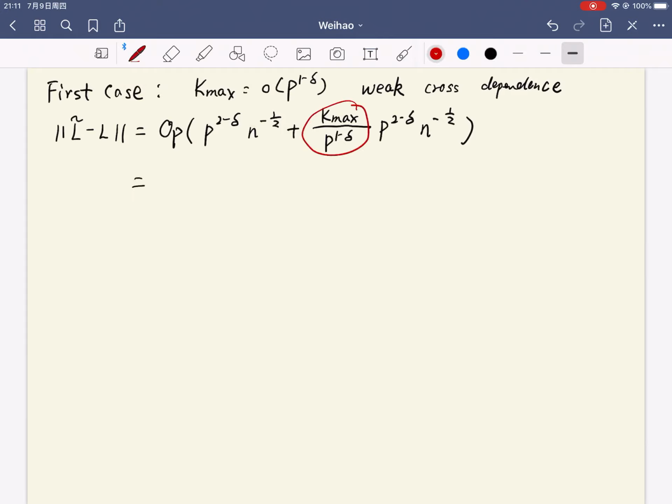Since this term is small o1, we have the whole term equal to big OP.